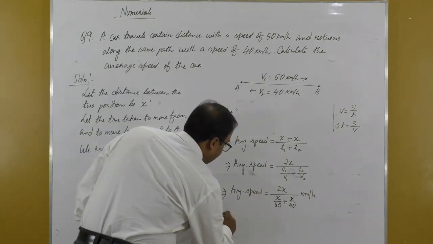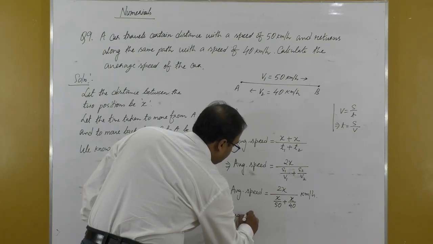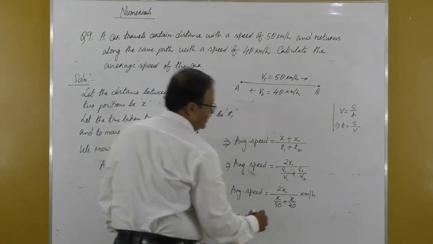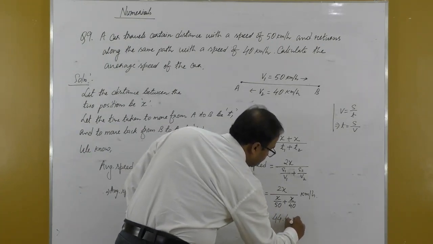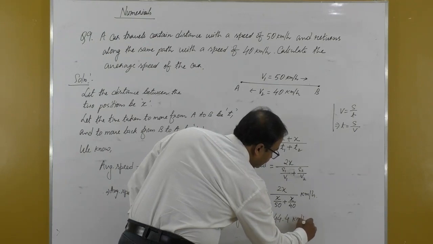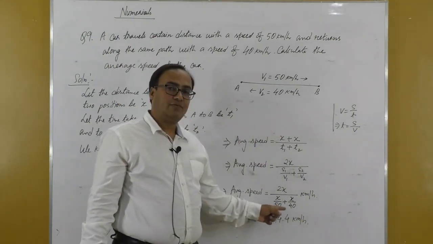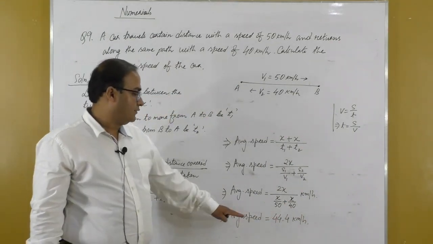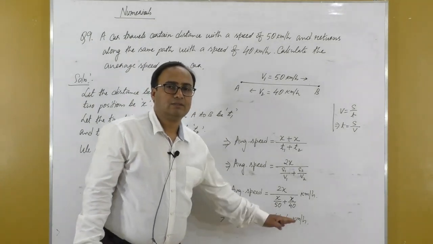If you simplify it, you will get average speed as 44.4 kilometer per hour. First you will have to find the LCM of 50 and 40, and then simplify it. On simplification, you will get average speed as 44.4 kilometer per hour.